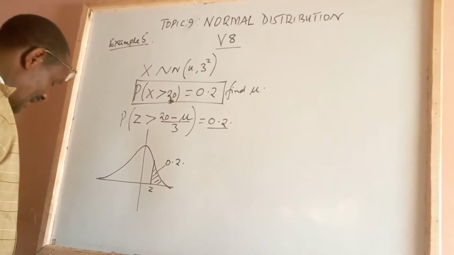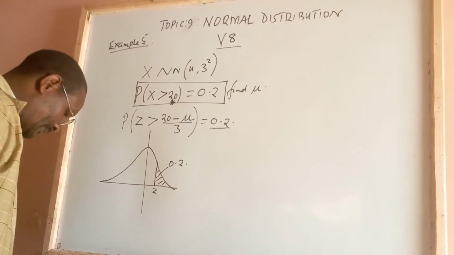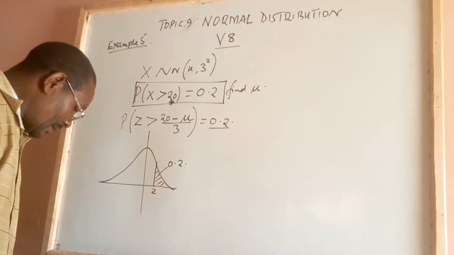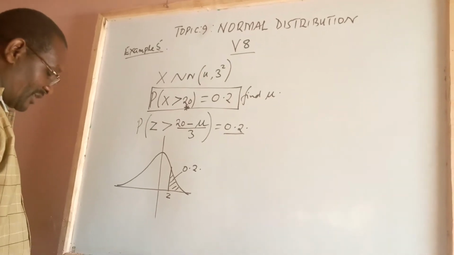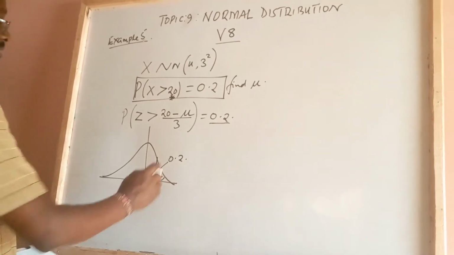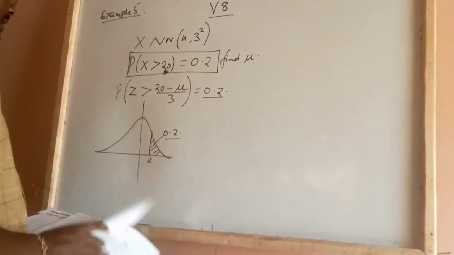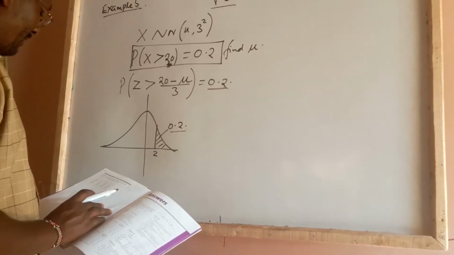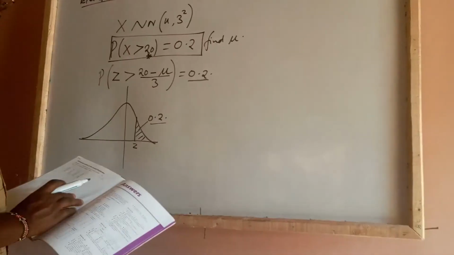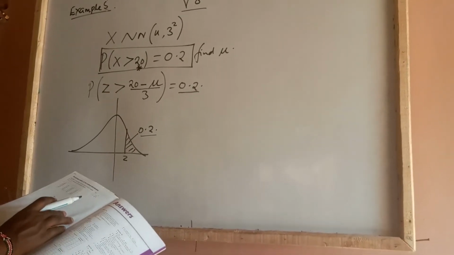What does that tell us? We should go to the percentage table because this looks a bit conspicuous. 0.2 might be provided in the percentage table, and yes, it is given.